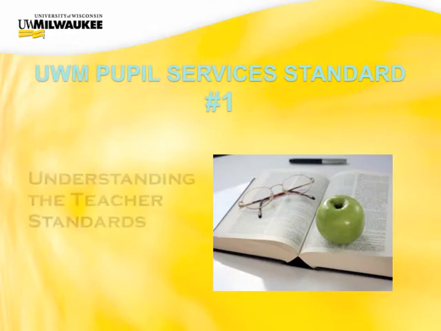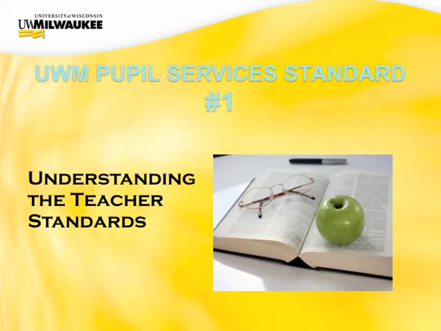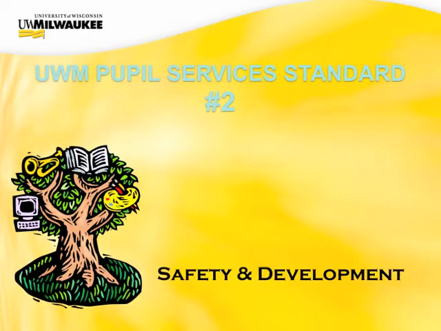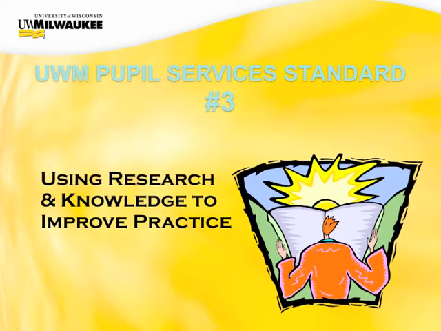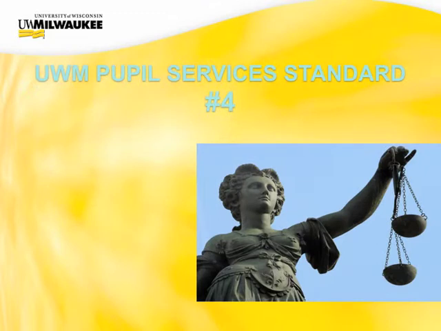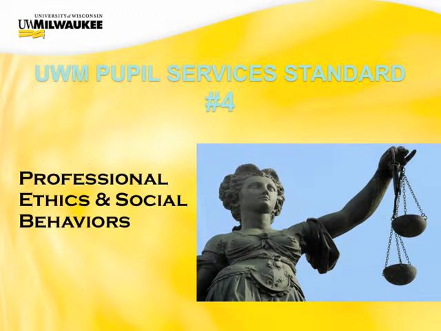Number 1 is to understand the teacher standards. Number 2 is knowledge of learning and comprehensive, coordinated policies and practices that support pupil learning, health, safety, and development. Number 3, using research and knowledge to improve practice. The 4th pupil service standard involves professional ethics and social behaviors.